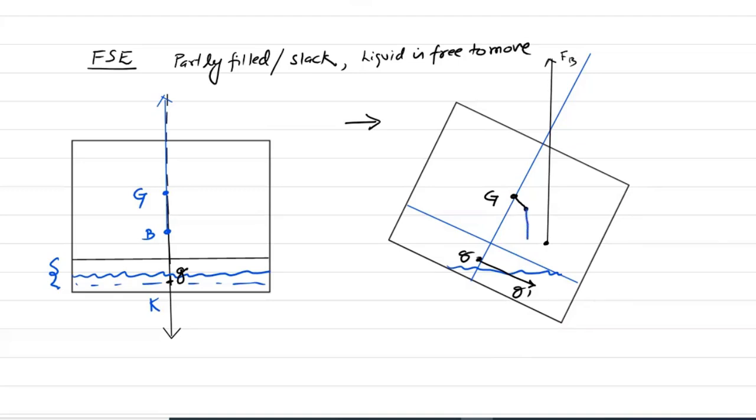Your g is acting like this now, weight is acting like this. So this lever, instead of GZ, is shifted to G dash.